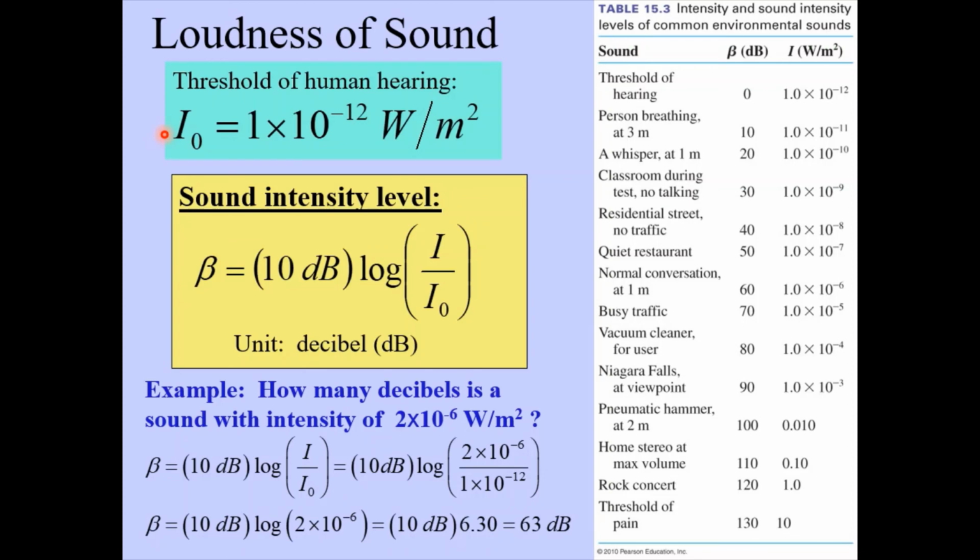All the other sounds, of course, are going to be louder, and we measure the loudness of sound using units of decibels. The decibel is abbreviated lowercase d, uppercase b. So what is a decibel?